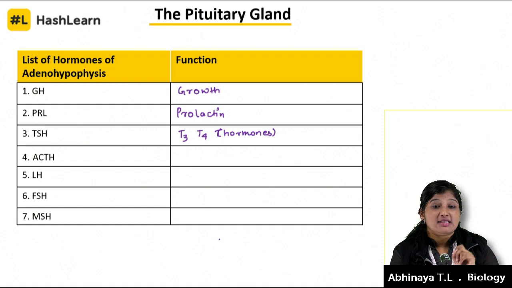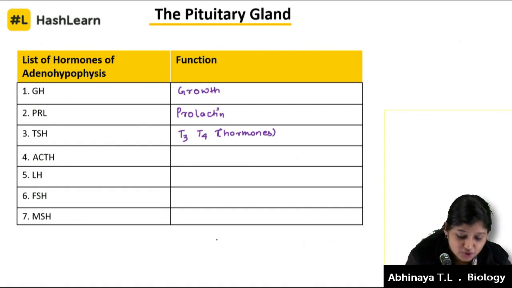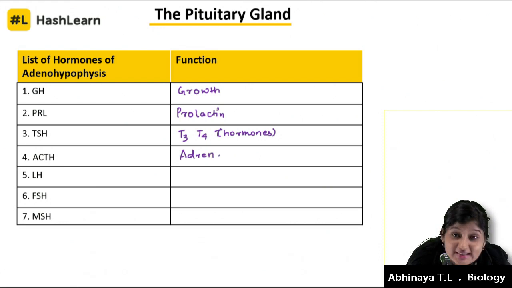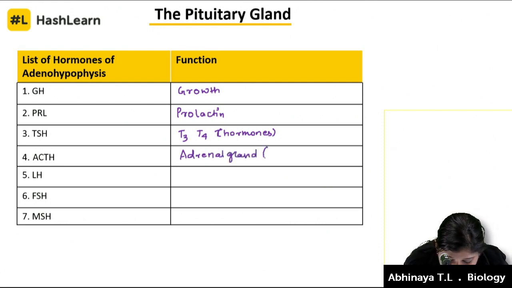So these hormones are going to initiate the secretion of the corticoids, that's nothing but glucocorticoids, the steroid hormones from the adrenal gland, which is present on our kidney. So we call these hormones corticoids.